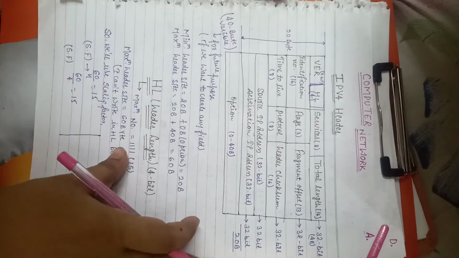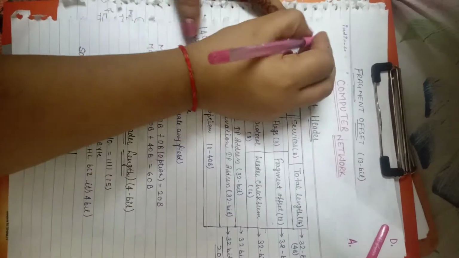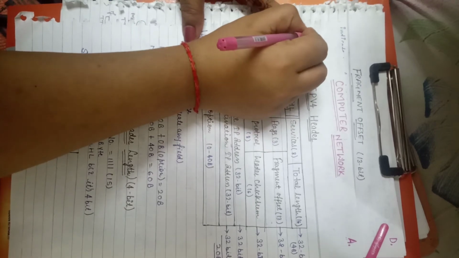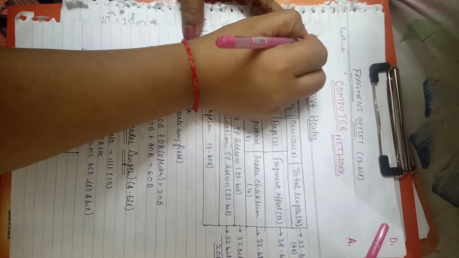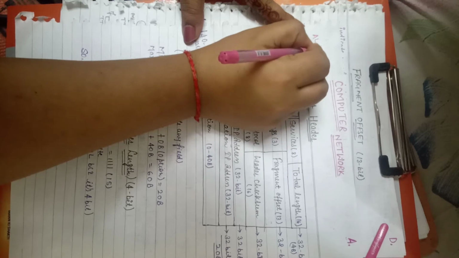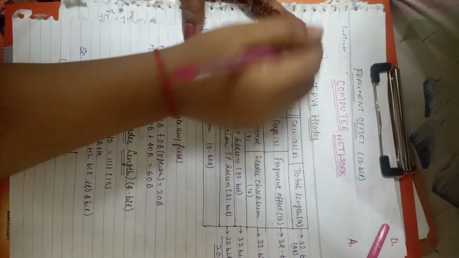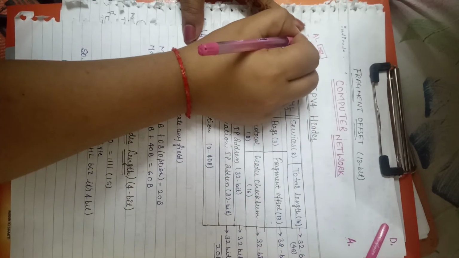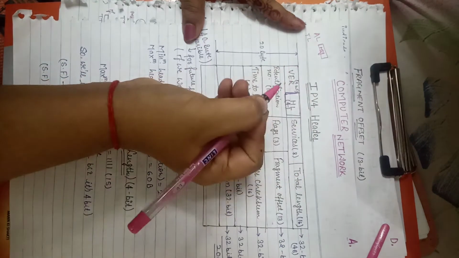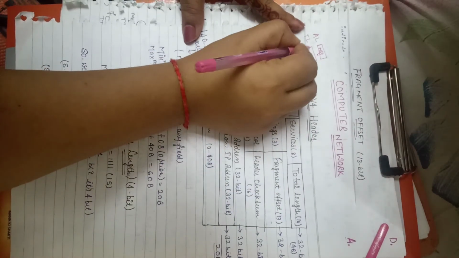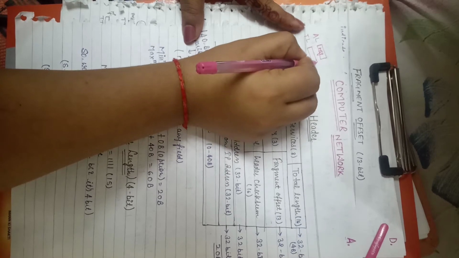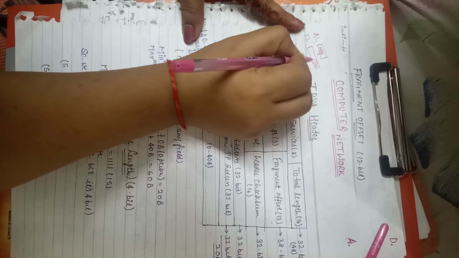Before the IPv4 header, we know that in the application layer the message arrives, and then the application layer message comes to the transport layer, where one header is added.